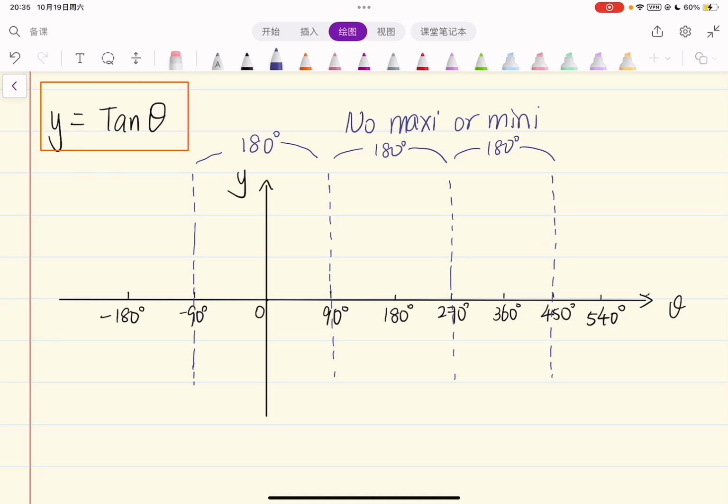For example, if you know that theta equals 90 degrees is an asymptote, and you add 180 degrees, there is another asymptote, and you subtract 180 degrees, there is another asymptote. You can do that repeatedly.